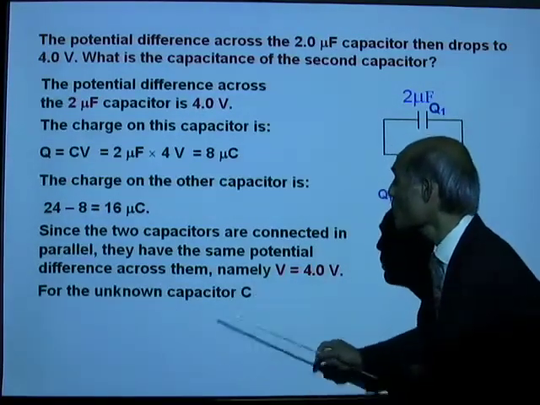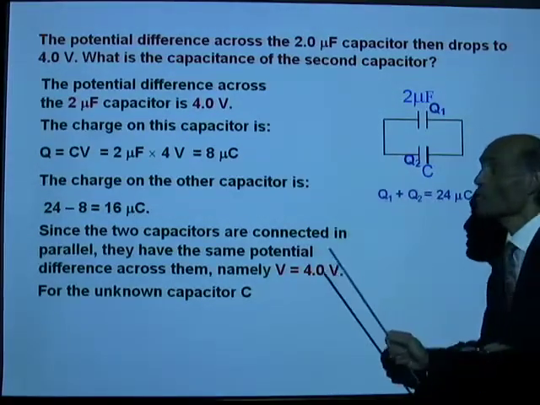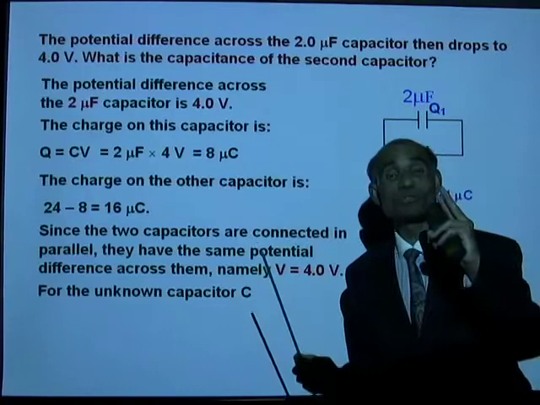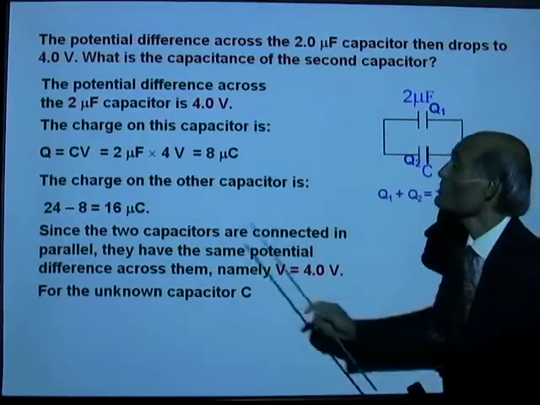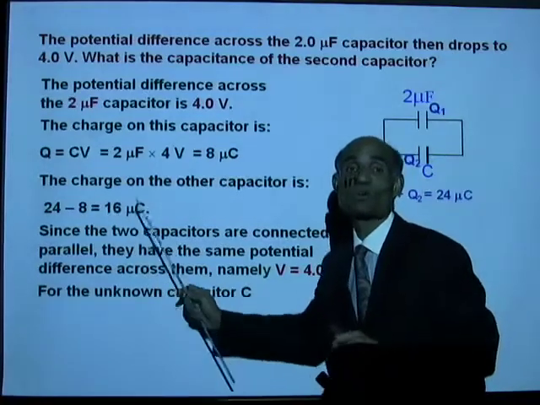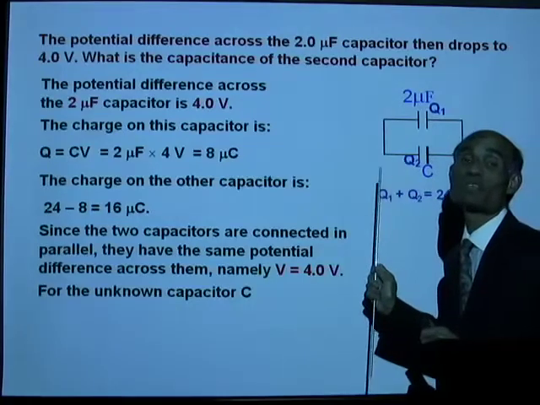Therefore, for the unknown capacitor, we need to find the capacitance. For the unknown capacitor, now we know 2 things. What are they? We know the amount of charge on it. How much is it? 16 microcoulomb. We know the potential difference across it. How much is it?